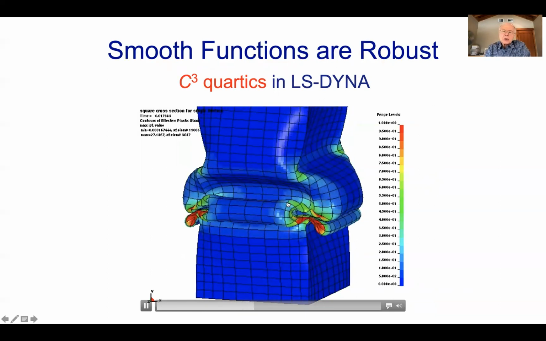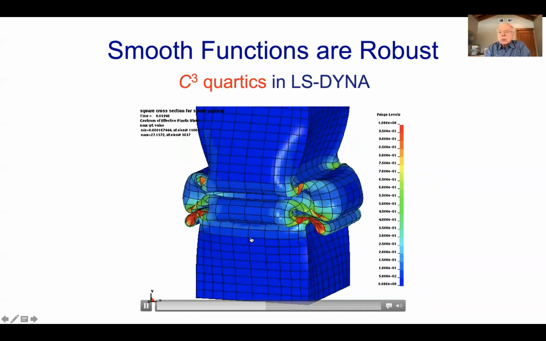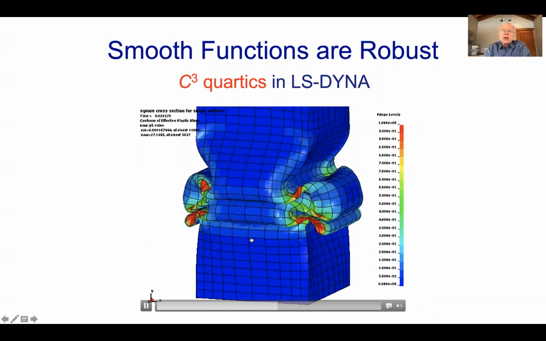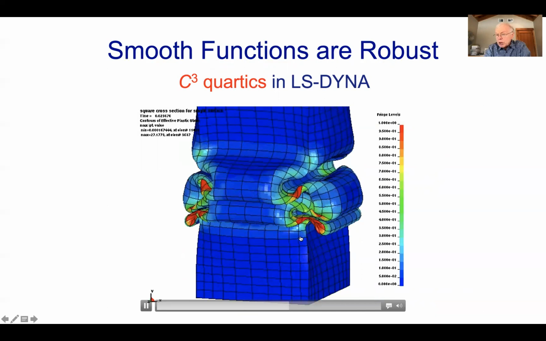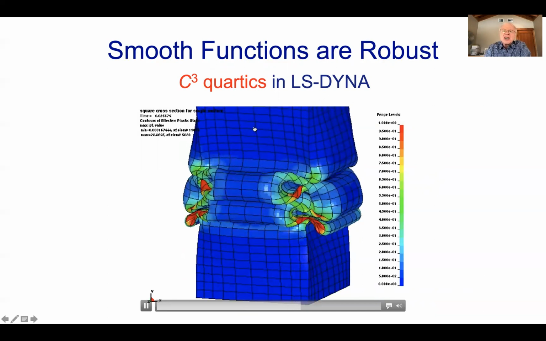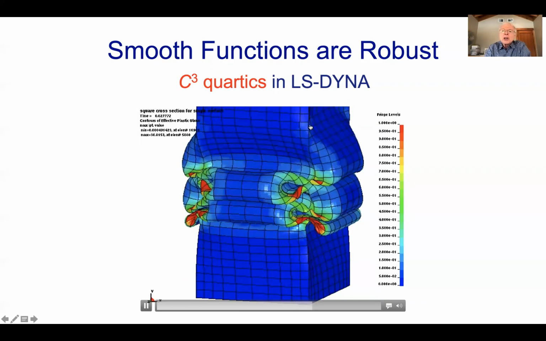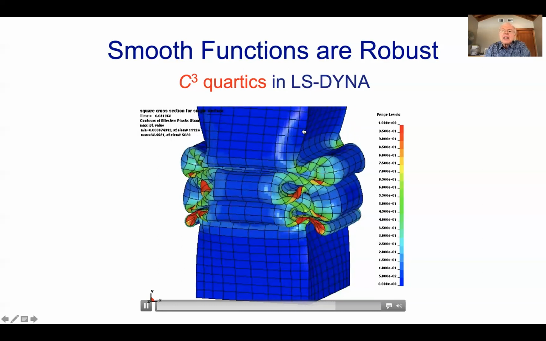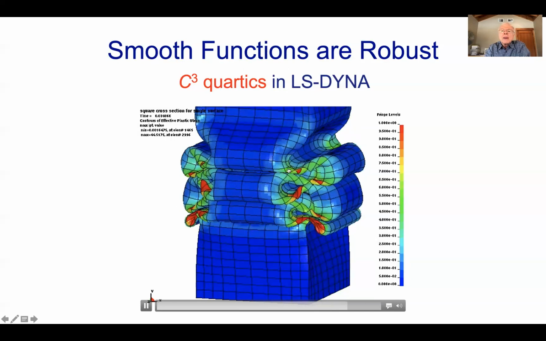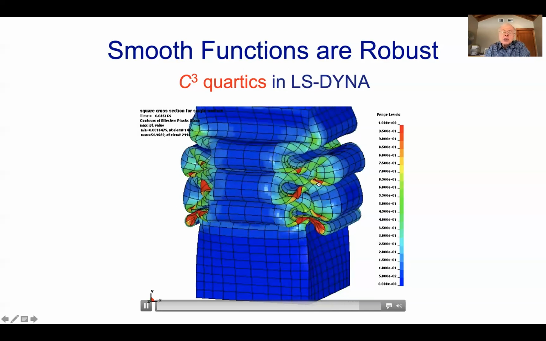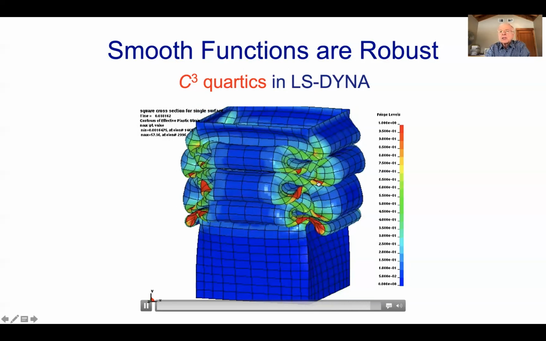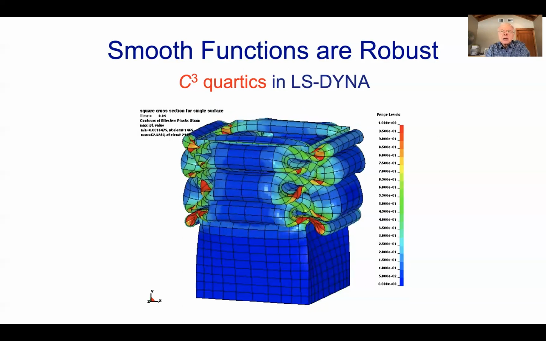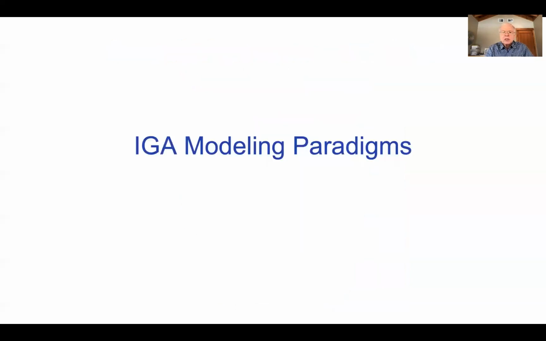And you can see this problem is just dominated by plastic deformations and contact especially. And the splines here are C3 continuous, with a knot span of 5 of these elements you see here. And this was the first time that this problem was ever solved with higher order elements. And it just gave one an insight into the potential of these methods because of robustness.